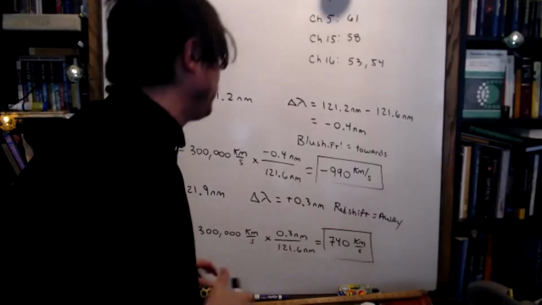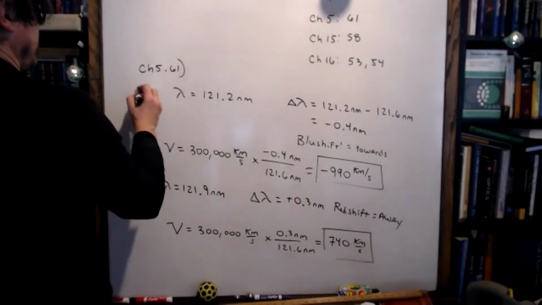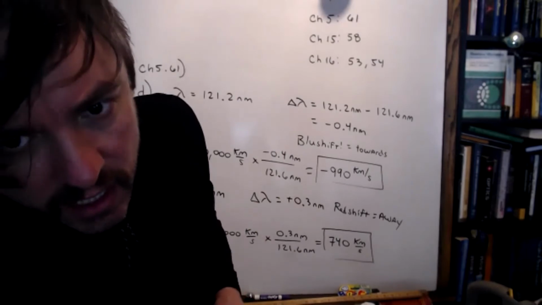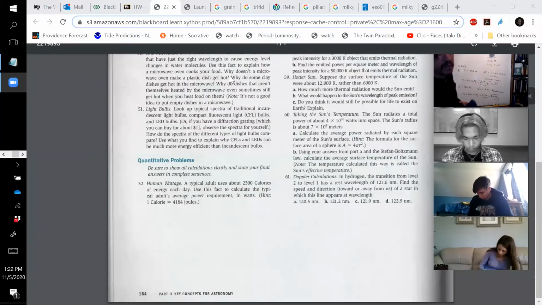Okay. And in the spirit of moving quickly, which I know we all like, we'll get right to part D. Part D, 122.9 nanometers.